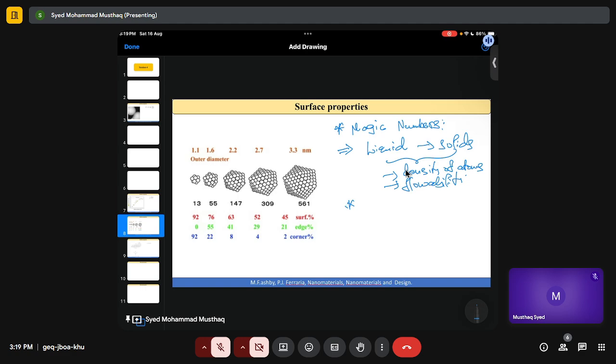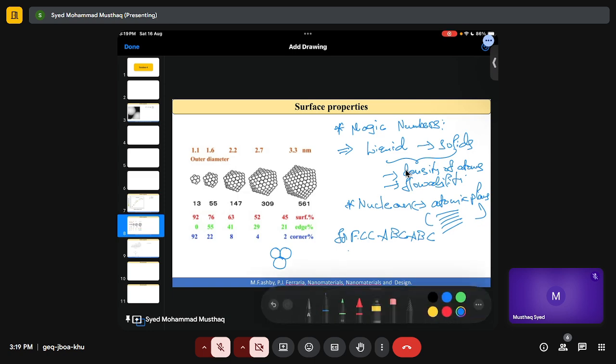Now, whenever you have nucleation, you have atomic planes stacking on each other. For FCC, you will have ABC type stacking. For example, these three atoms are below, then the other atoms will come above to cover the voids.